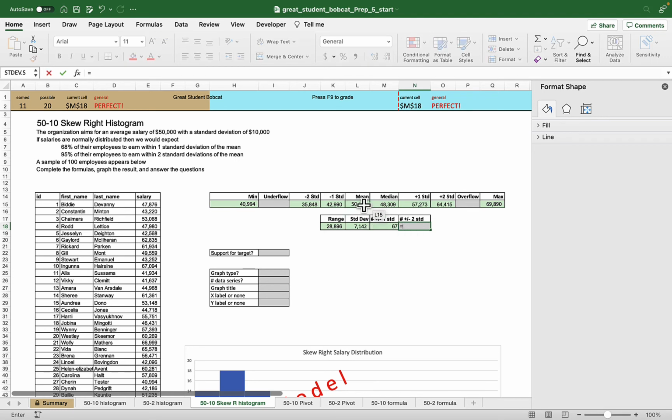Okay, so then let's look at the 2 times. Oh, sorry. Equals COUNTIFS.